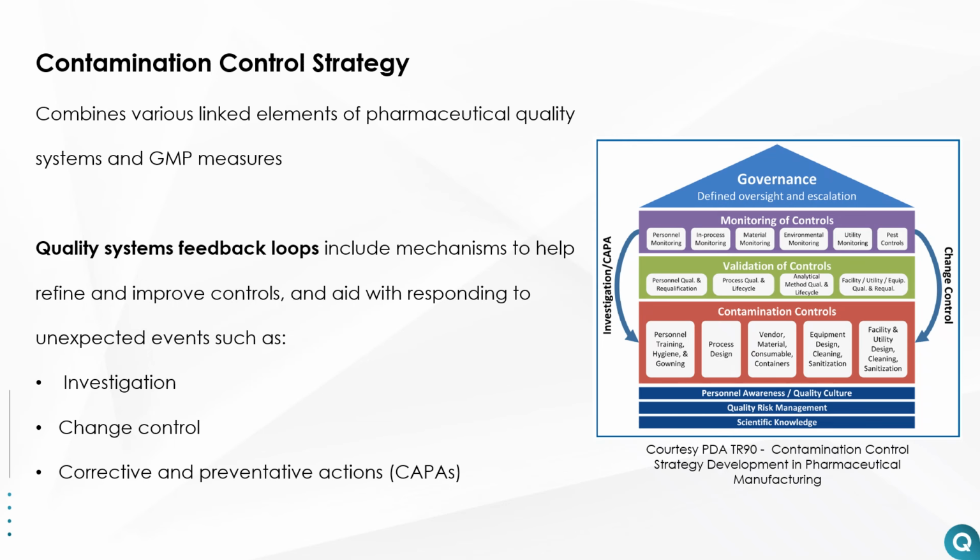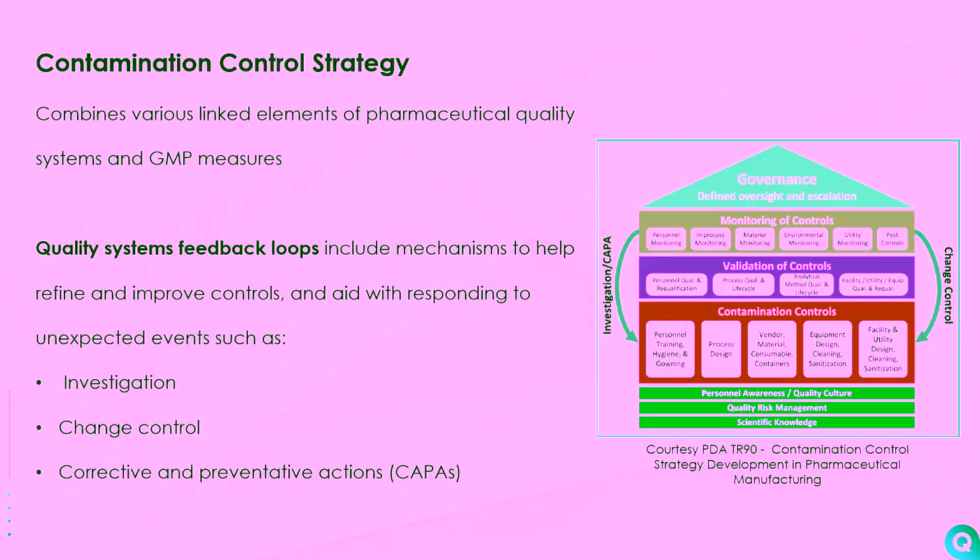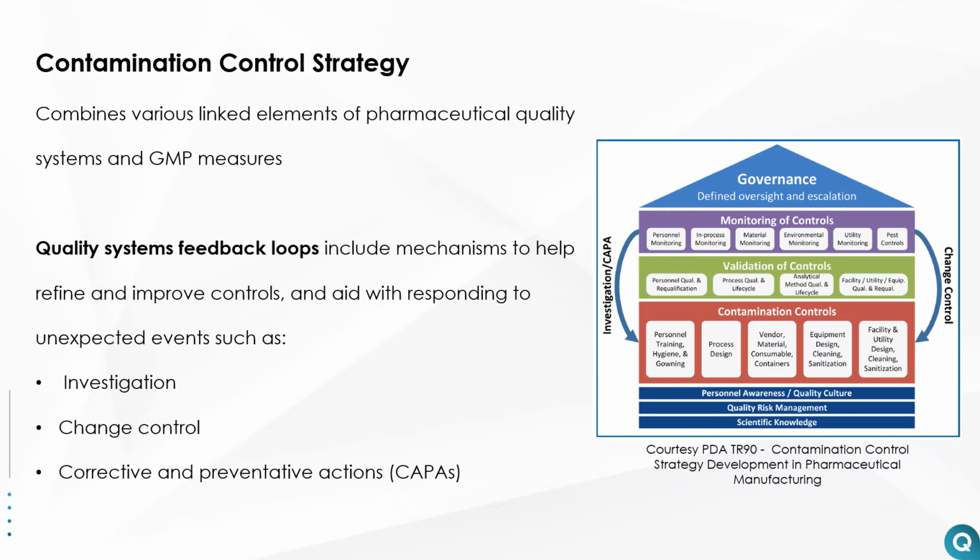Change control, implementing a structured approach to managing changes in process, equipment, or procedures to ensure they do not negatively impact contamination control; 3. Corrective and preventive actions, or CAPAs, developing and implementing action to correct identified issues and prevent future occurrences, which ensures continuous improvement of contamination control measures.